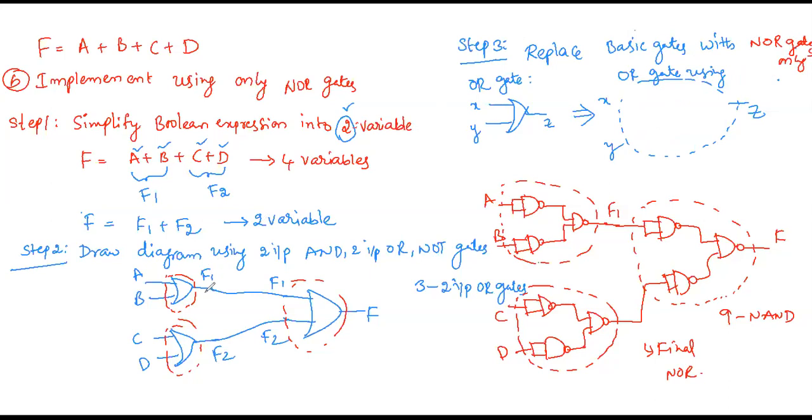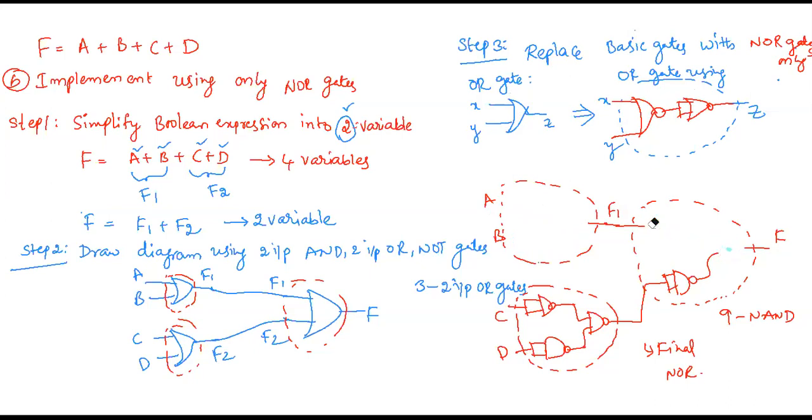Here we are using only OR gate. So OR gate, how do you represent using NOR? This is OR gate using NOR gate representation. So wherever the OR gate is there, replace the structure. So here also you have to get this structure.